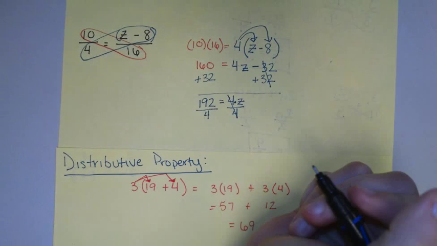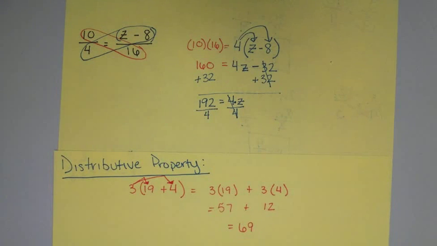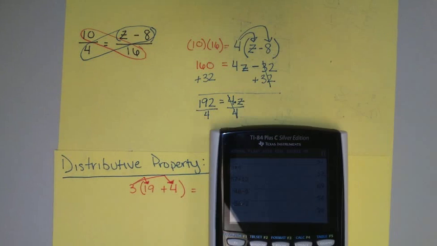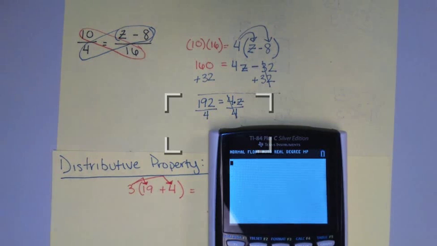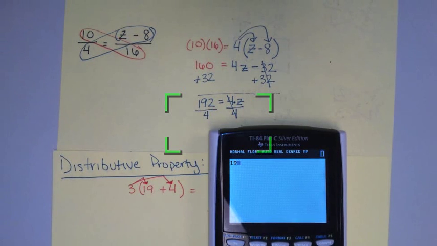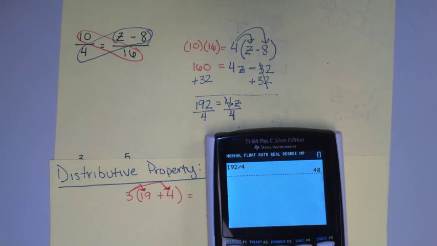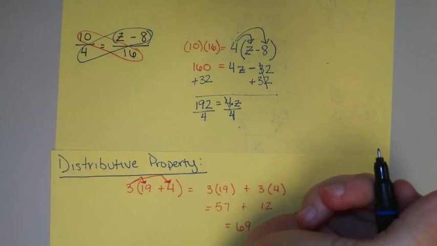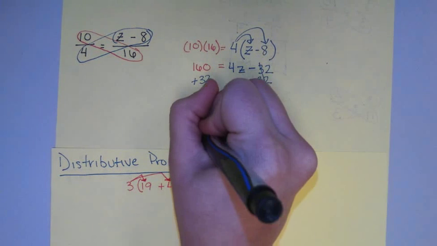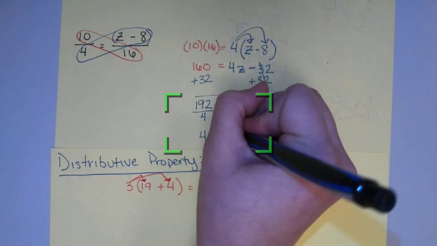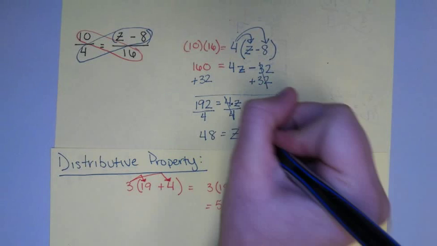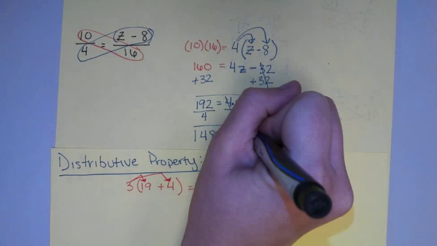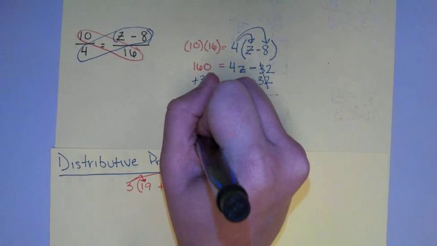And when I do 192 divided by 4, I get 48. So 48 equals z, and that is my answer.